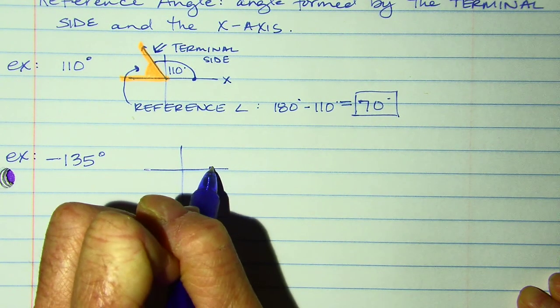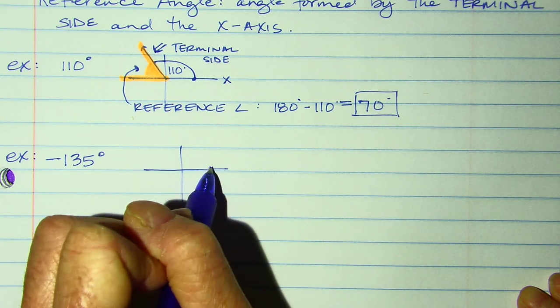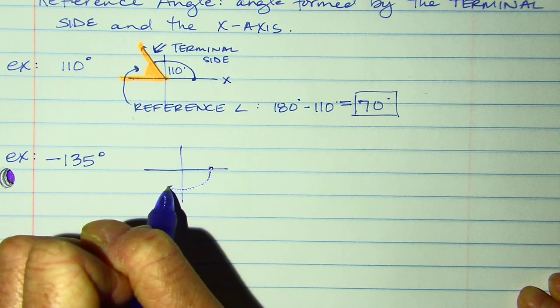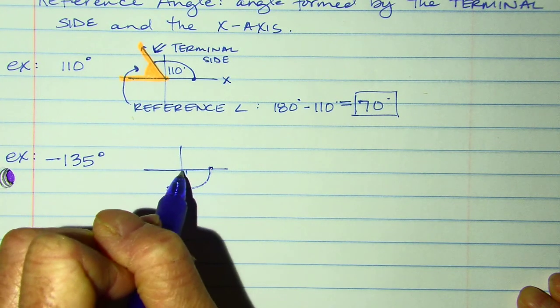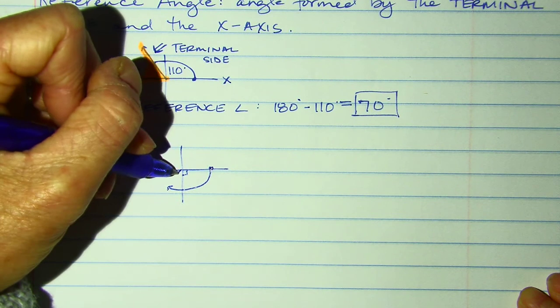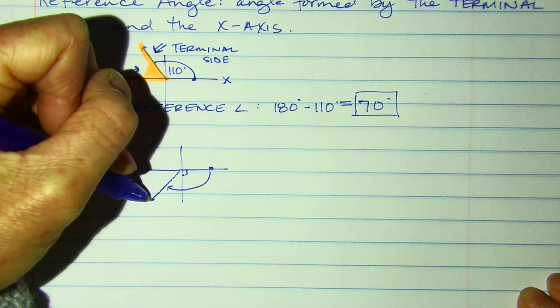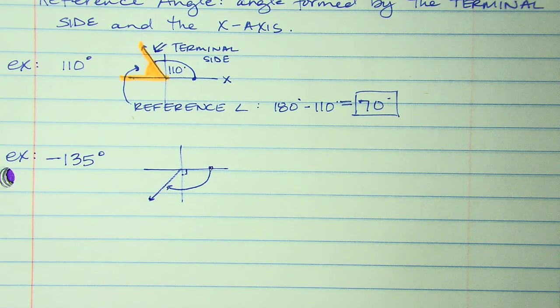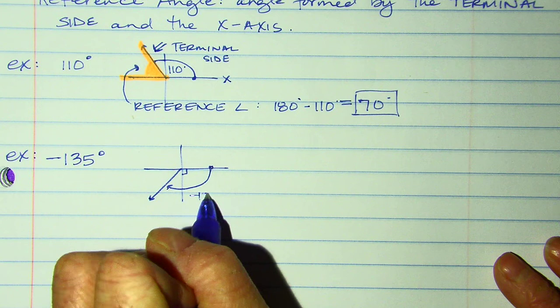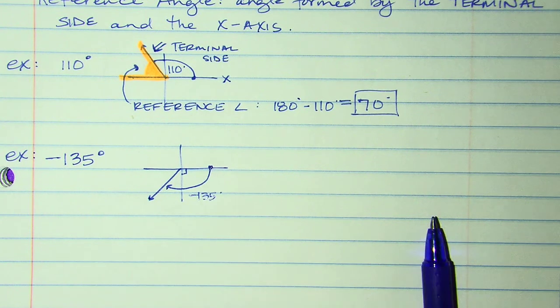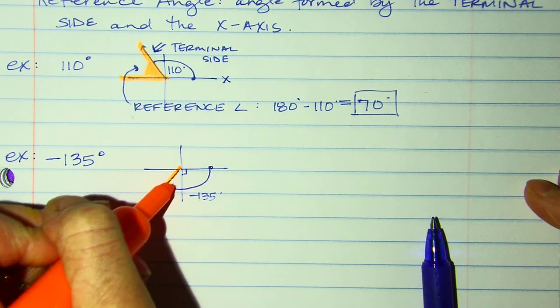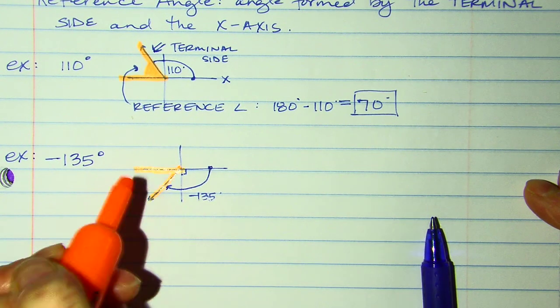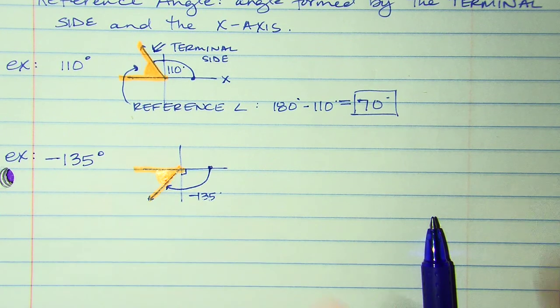So the only difference is instead of going counterclockwise, I'm going clockwise. And this is 90, so I'm going to go another 45 because 135 minus 90 is 45. So here is negative 135 degrees. So here's my terminal side. Here's my x-axis. I'm looking for this angle here.